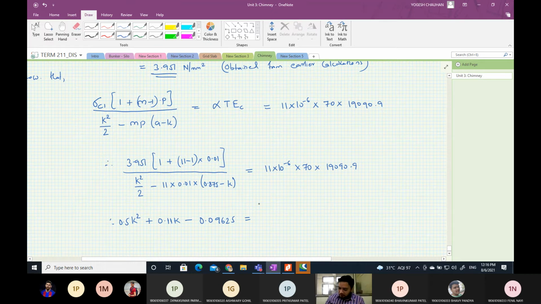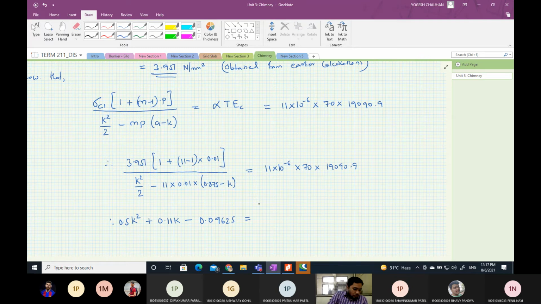So 3.951 multiplied by 1 plus 11 minus 1, that is 10 into 0.01, divided by 11 into 10 to the power minus 6 multiplied by 70 multiplied by 190.9.